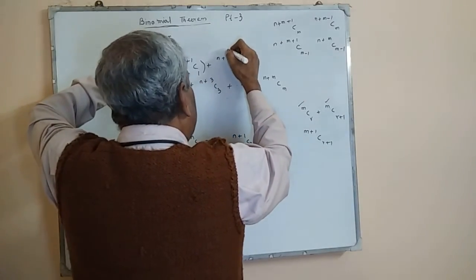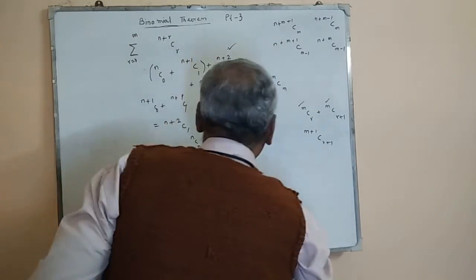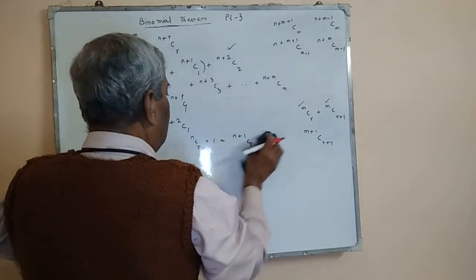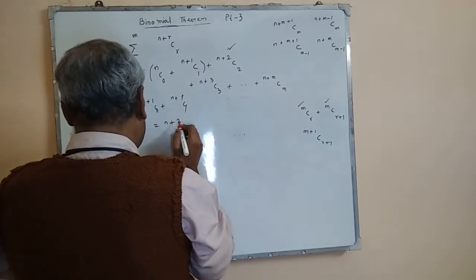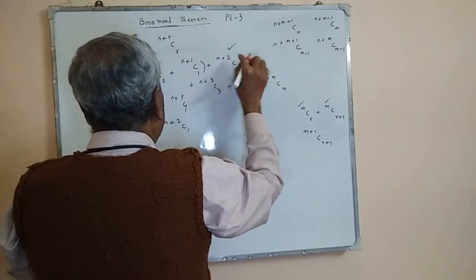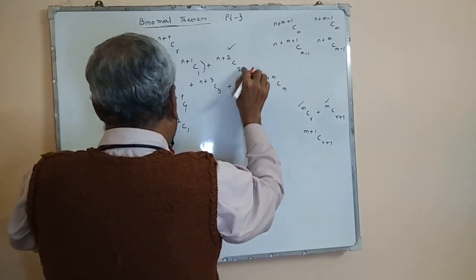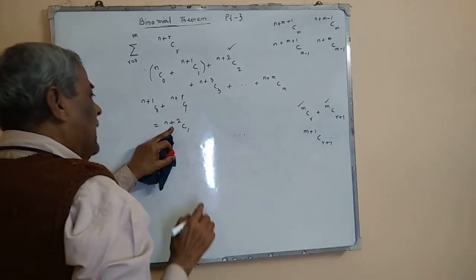Now add this with that. It is equal to n plus 2 C 1 together, and the next term is n plus 2 C 2. So this plus that, the same formula can be applied.